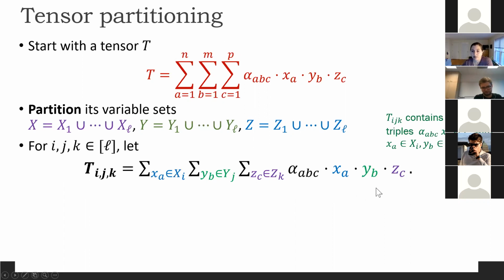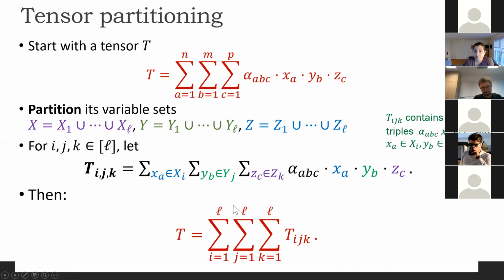So it's just the sums of the things that lie in the particular subsets that we've chosen. Then, pretty trivially, we get that the tensor t is just the sum of these t sub ijk's. So we've just chosen some clever partitioning of the x, y, and z variables and expressed t as the sum of t sub ijk's, where t sub ijk is just those triples whose x variables lie in x sub i, y variables lie in y sub j, and the z variables lie in z sub k.